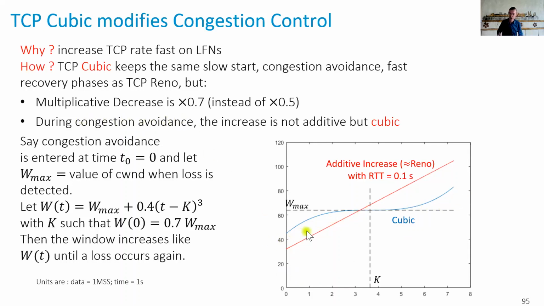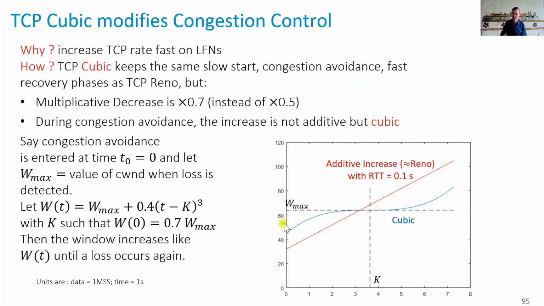The red curve here is showing how the window increases when we receive no negative feedback with the classical formula of Reno, for example. Cubic says, well, we will do something different, which is given by this blue function here.